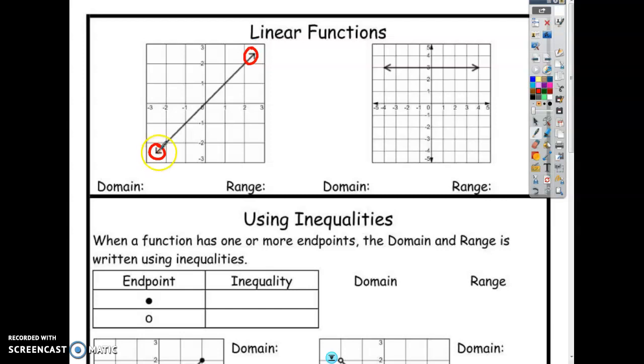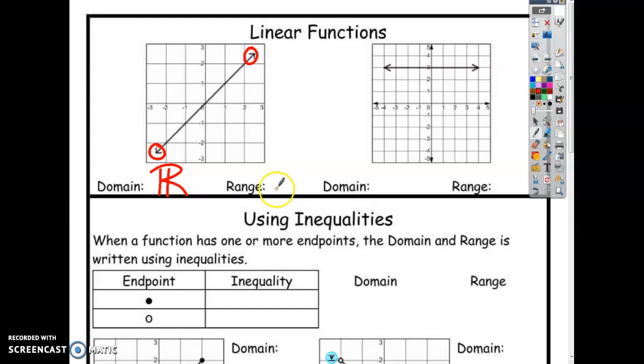And because it's going to go on forever and ever, my domain for a linear function like this is always all, hold on, I wrote it wrong. It's all real numbers, which this is the symbol for all real numbers. That means all the numbers in the world. Decimals, fractions, everything. Okay, so it's all real numbers.